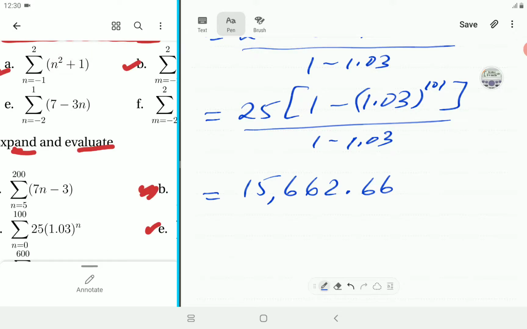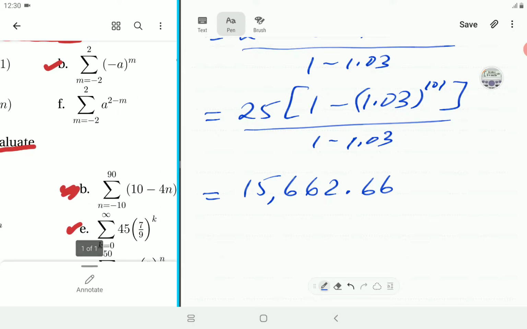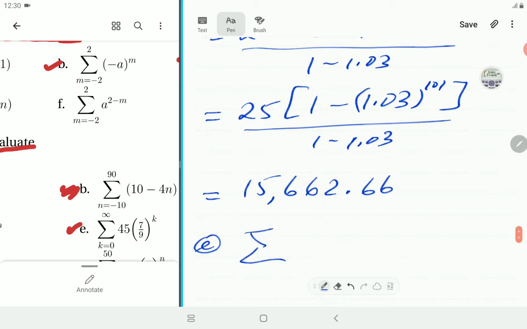Okay, so now we're going to go to example number E. We've got the summation of 45 times 7 over 9 to the power k, for k going from 0 to infinity.